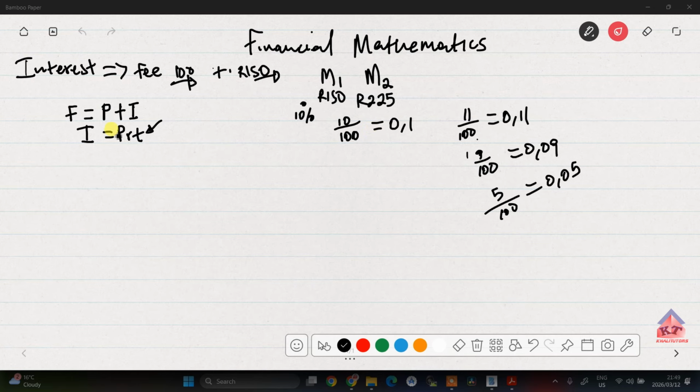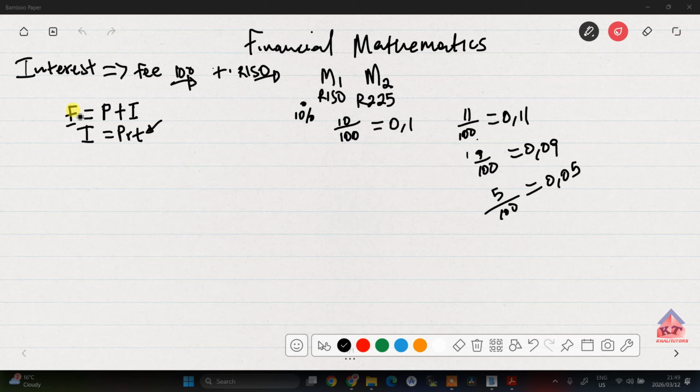Okay, so now that we know how to calculate interest, we need to remember that the future value or the accumulated sum can be denoted as F, or you can just use A. In DSC1630, they are using A instead of F. In QMI 1500, they are using S instead of A or F. So this depends on the module that you are dealing with.